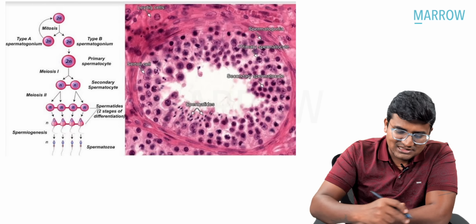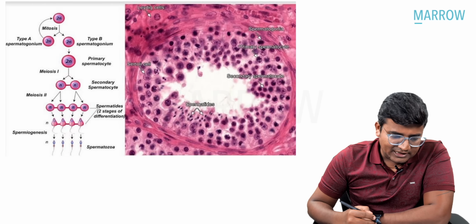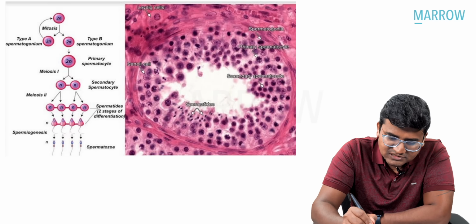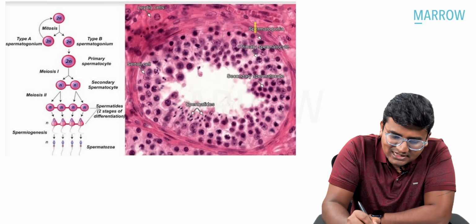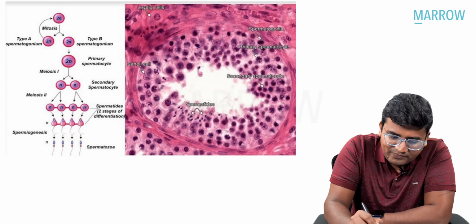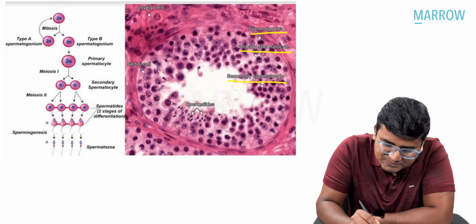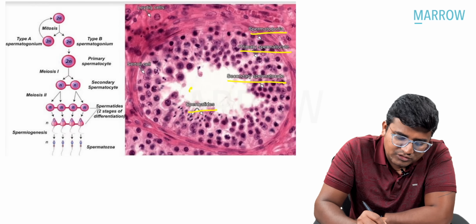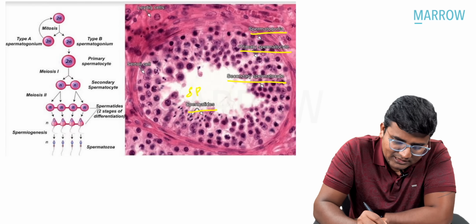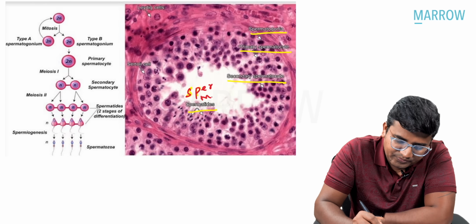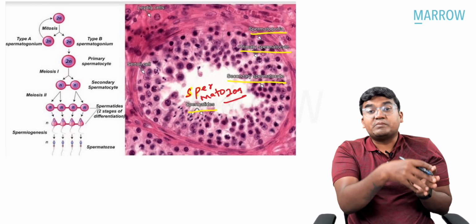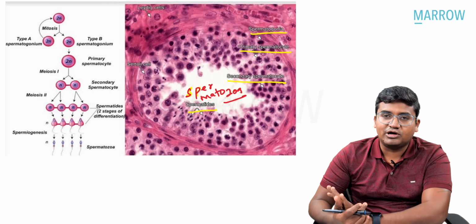Now this is the image, and here we are seeing the spermatogonium. After the spermatogonium, you see the primary spermatocyte, and then secondary spermatocyte, and then spermatid, and then finally spermatozoa. So spermatid undergoes spermiogenesis and forms spermatozoa.